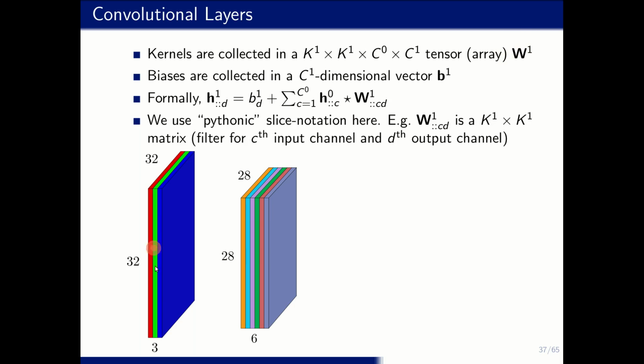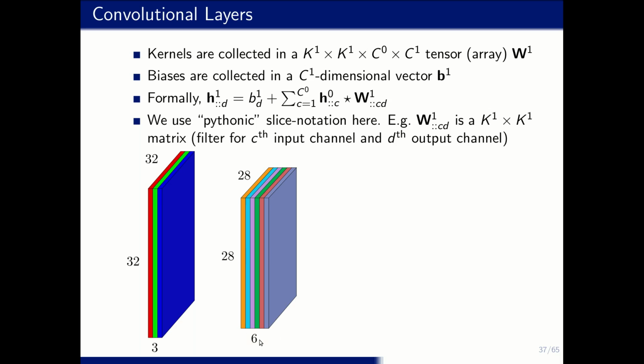The 0th layer is the image, and the first layer is now this transformed feature map, and the parameters are W1 and B1. W1 contains all these convolutional kernels: window size, number of input channels, and number of output channels. And the biases are collected in a C1-dimensional vector B1. C1 is the number of output channels here, 6.